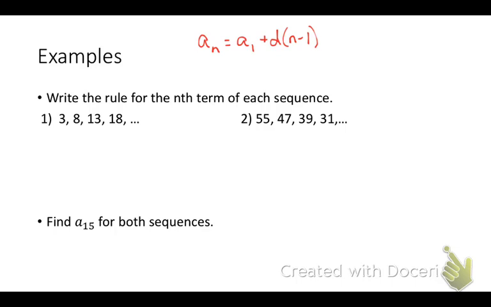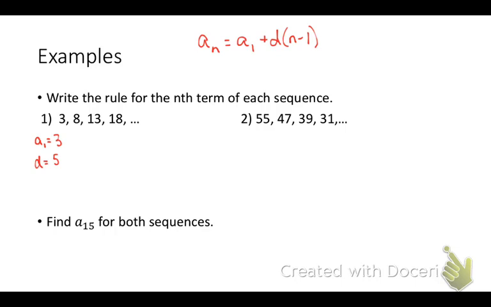So, in this case, what's my first term? 3. What is my common difference? We're going up, right? So it's going to be positive. What are we going up by? 5.